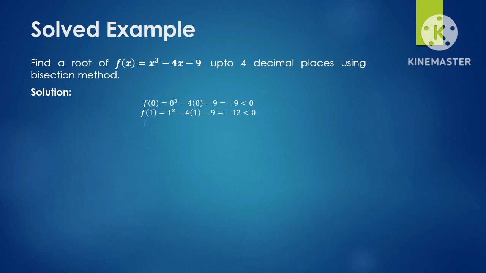So we check another number. At 2, f(2) is -9, which is again a negative number. So we will check another number.